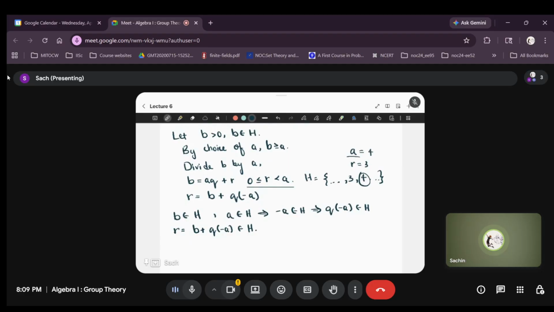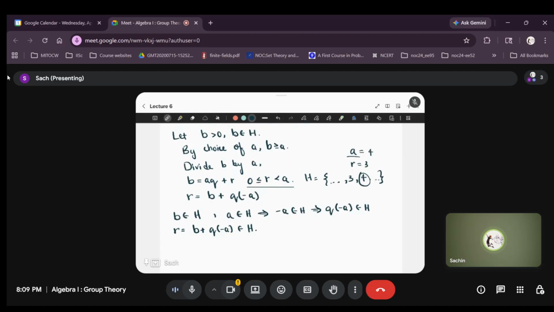If 4 is the smallest positive integer in H, can 3 be in H? No. So R cannot be a positive number.